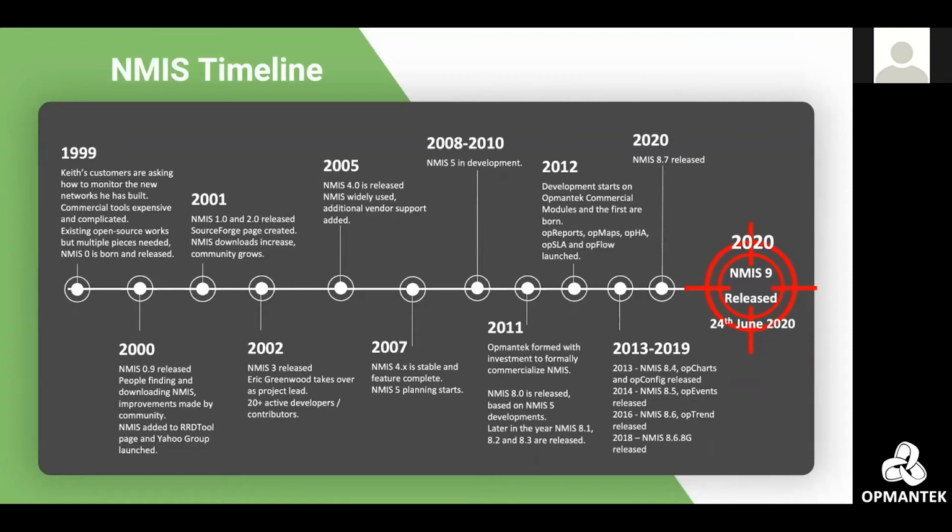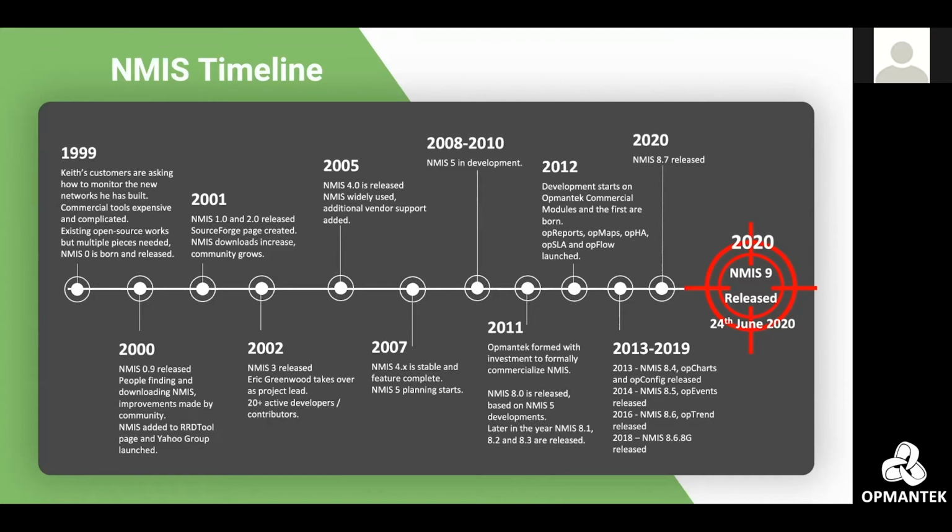So then rapidly NMIS grew. There was clearly a demand for this kind of capability, and there were very few network management systems included in the open source available packages. A lot of them were more tools like MRTG, a fantastic tool, but you really need to manage MRTG. So the net result is we come forward, and Opmantec started in 2011 and NMIS 8 was released.